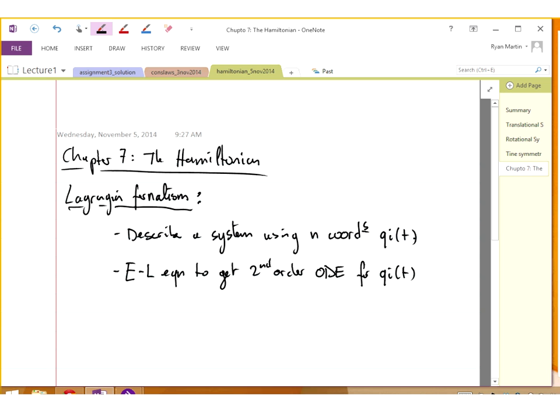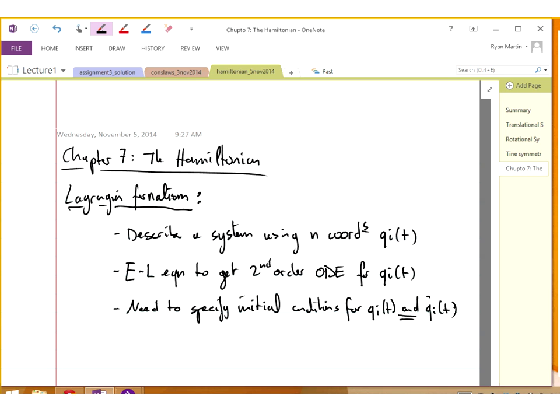So let me say explicitly that the q_i depend on t. Okay? And in order to solve a problem, we need to specify initial conditions for the q_i and for the q_i dots as a function of t.